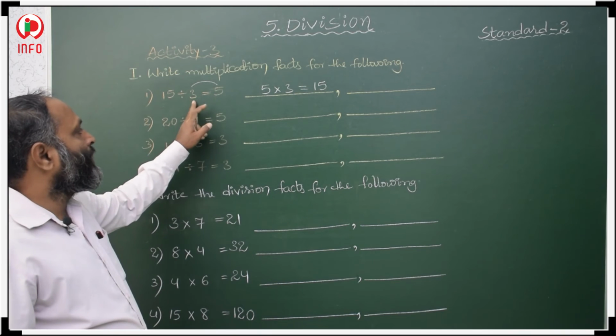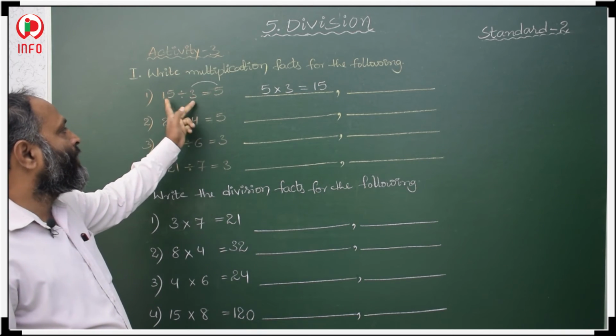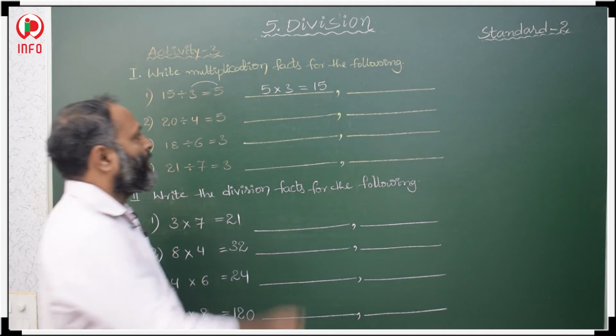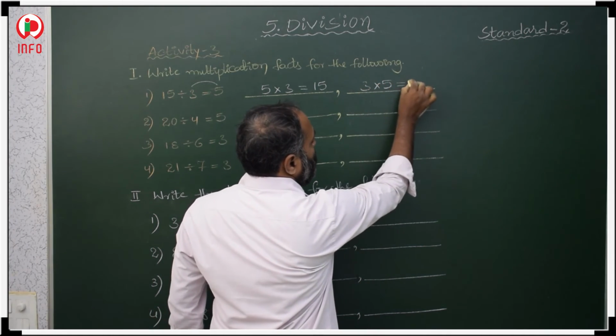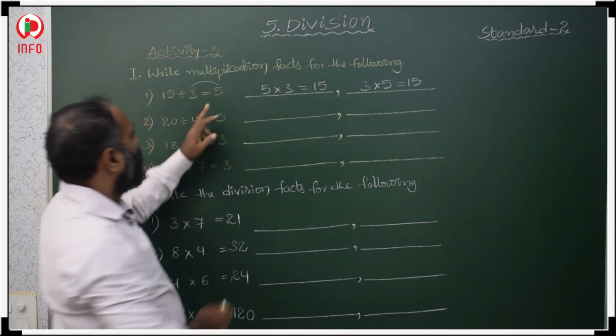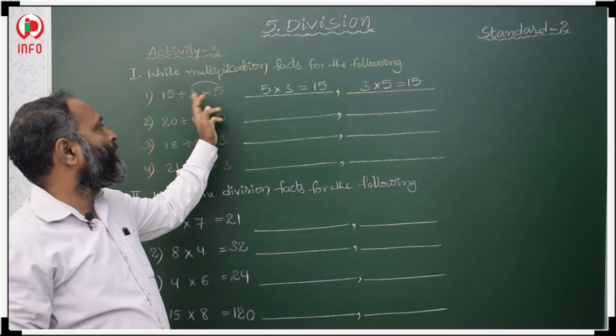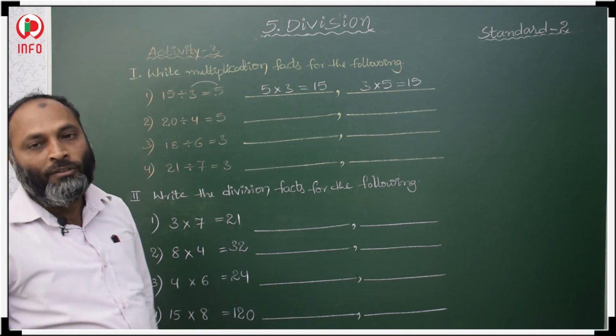So quotient into divisor is equal to dividend, or otherwise 3 into 5 is equal to 15.